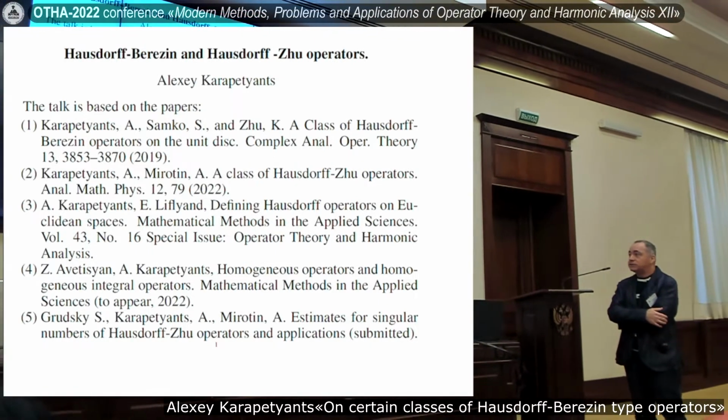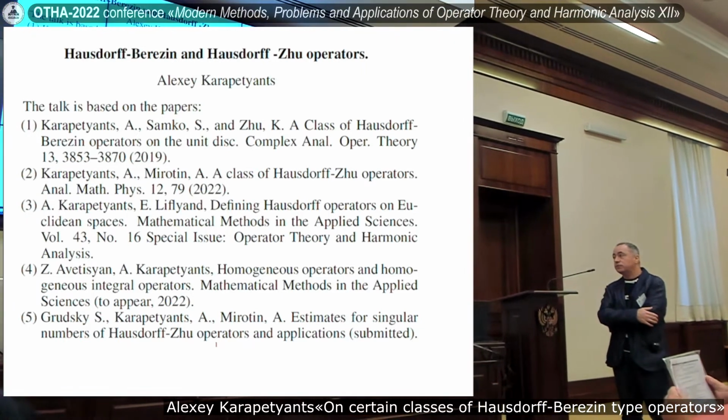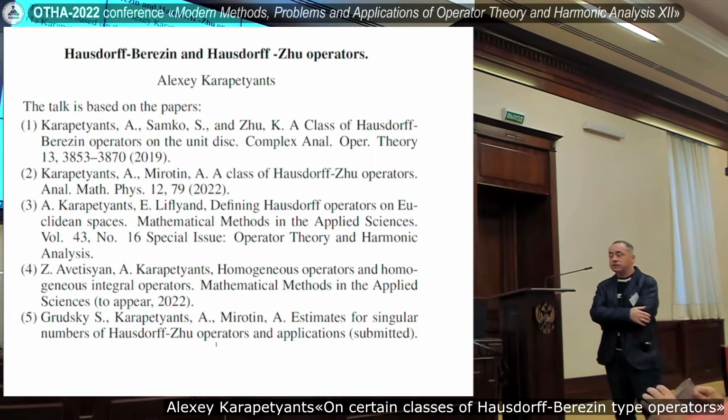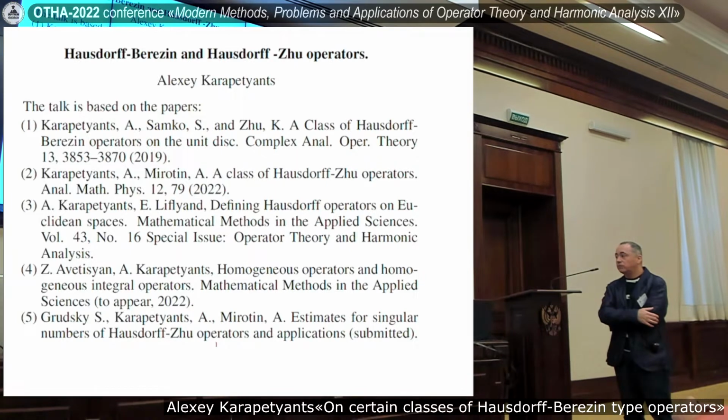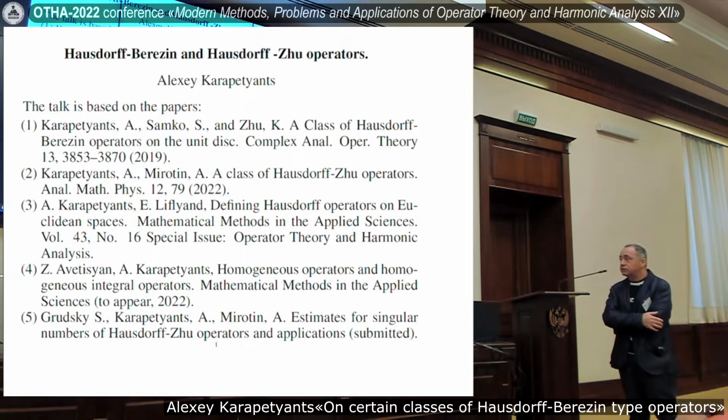Papers 3 and 4 are general theories, and I will refer to them to show that these particular cases inherit, in some sense, known tools from the general theory of Hausdorff operators and homogeneous operators, or operators with homogeneous kernels.